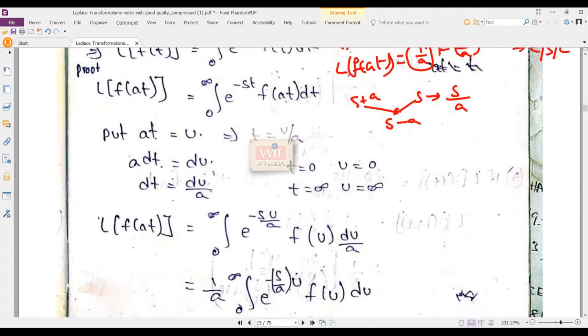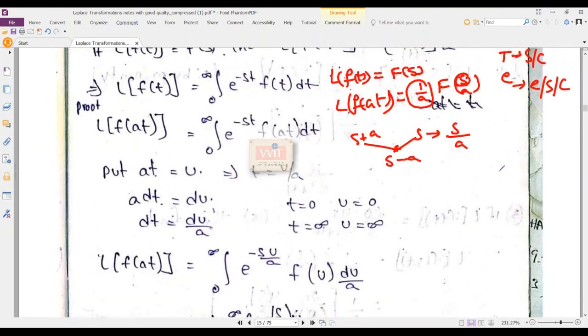Even its proof is given to you briefly. L of f of at, as per the formula, we write integral 0 to infinity e power minus st f of at dt. In that, at is taken as some other variable u. Then a dt equals du, where a is an arbitrary constant.